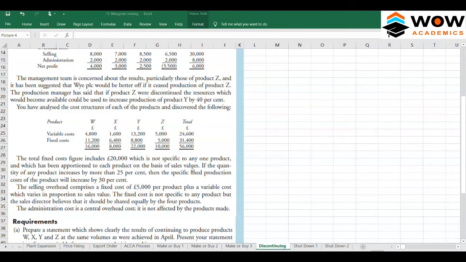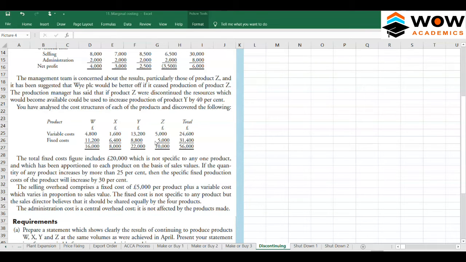So this 20,000 has been divided and added to all these fixed costs on the basis of sales values. If the quantity of any product increases by 25%, then the specific fixed production cost will also go up by 30%. Okay, so what is the specific fixed production cost?